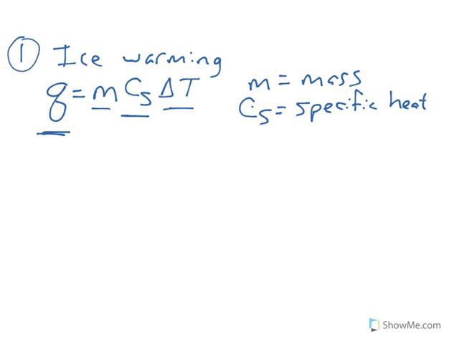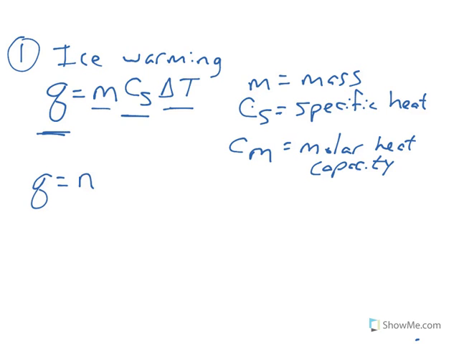There's also another one that's not being used in this equation, okay, and it's called the molar heat capacity. All right, and when the molar heat capacity is used, we're going to be dealing with moles of the substance rather than the mass of the substance. So do you see the difference in the two equations?